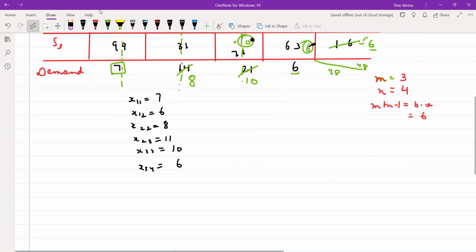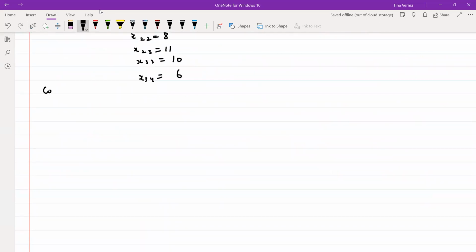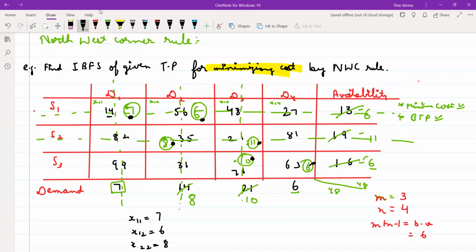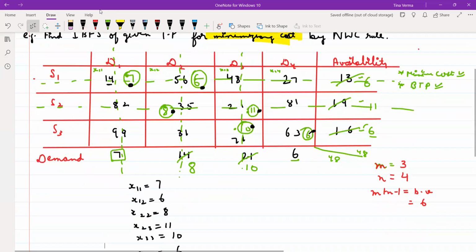Is it clear? So next, if you want to find the cost for your initial basic feasible solution, यहाँ पे आपको 1 यूनिट की कॉस्ट दी हुई है and you have supplied 7 units. So what will be the cost in this cell? 14 into 7.